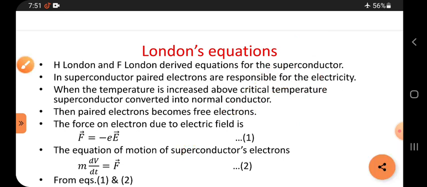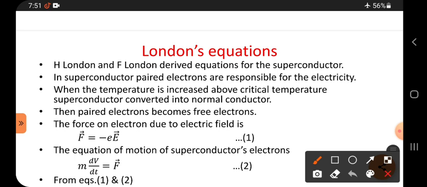So when the paired electrons are converted into free electrons, the superconductor is also converted into a normal conductor. Like this, the bond between the two electrons breaks and they become single electrons or free electrons.